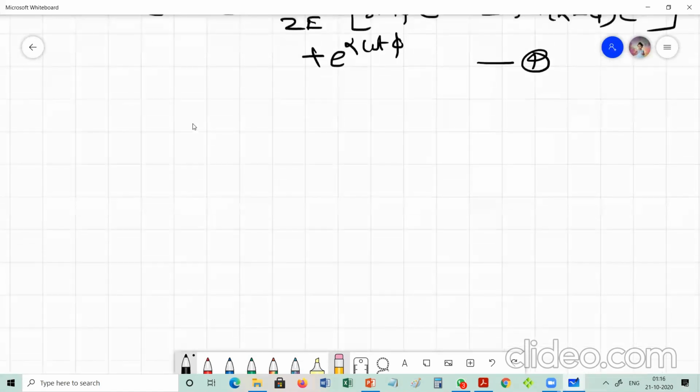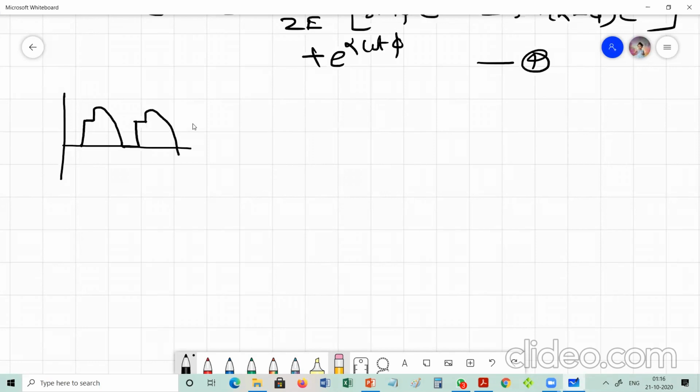Now we will go for the voltage part. I will draw the waveform of voltage again. The waveform of voltage is like this. Okay, this is the voltage waveform.